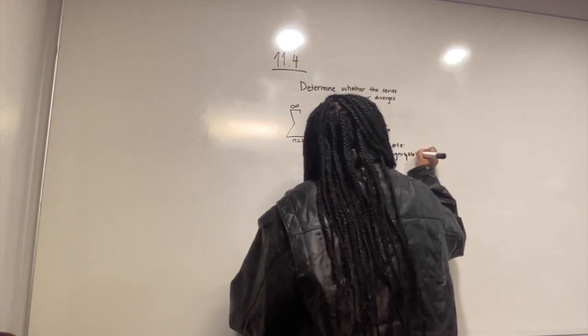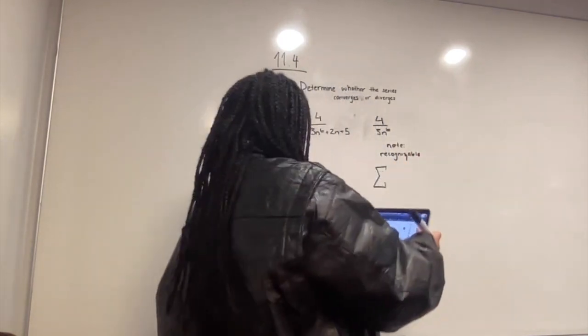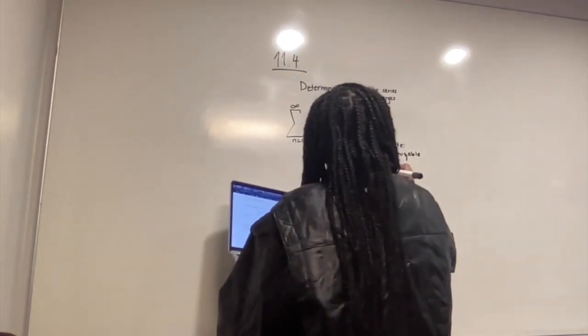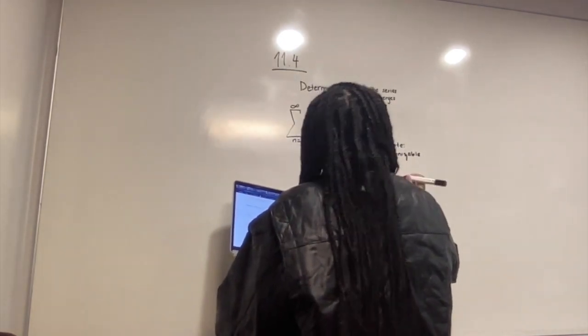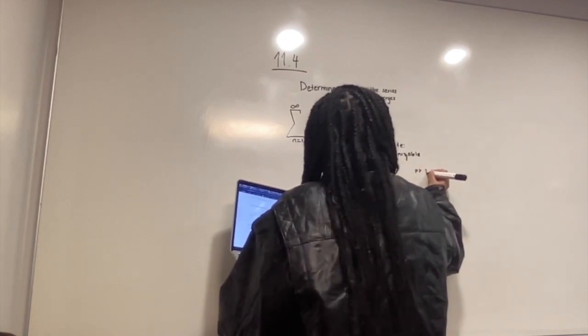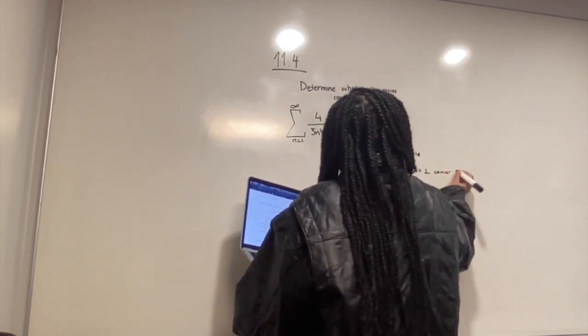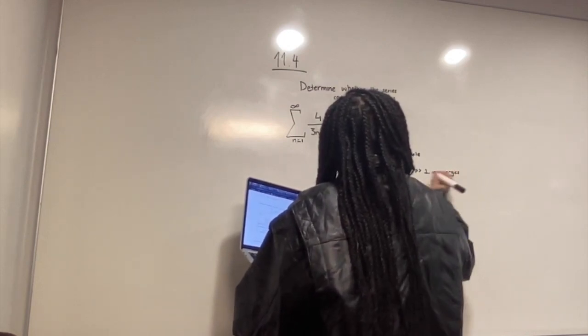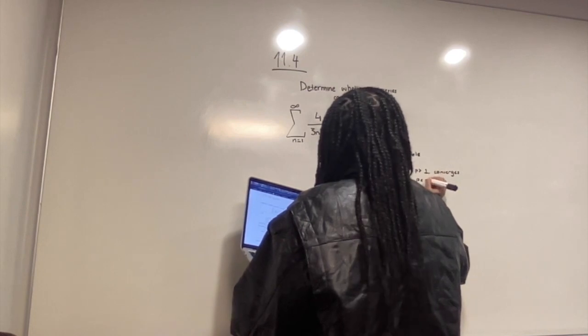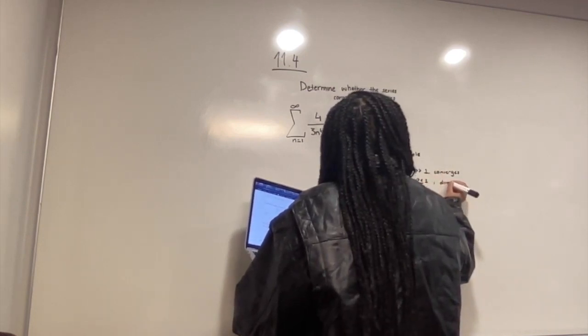Because we've encountered it before, we know that if p is more than 1, the series converges. And if p is less than or equal to 1, the series diverges.